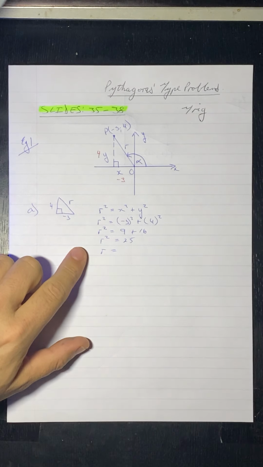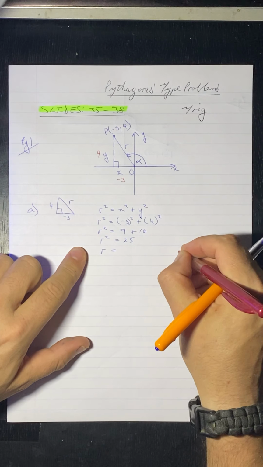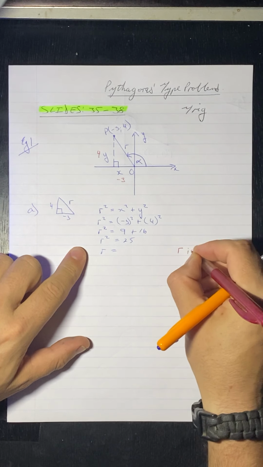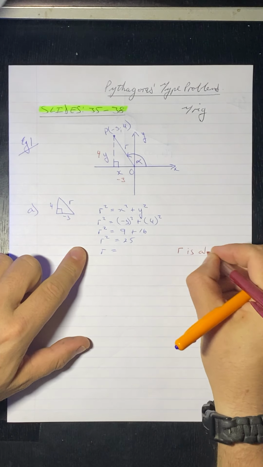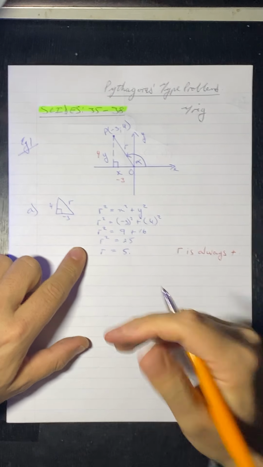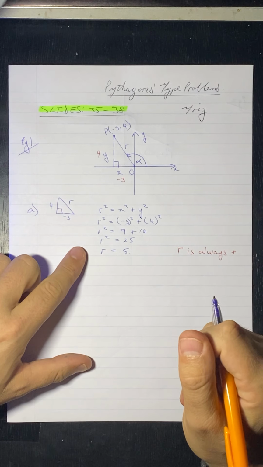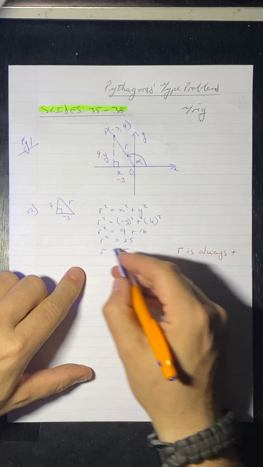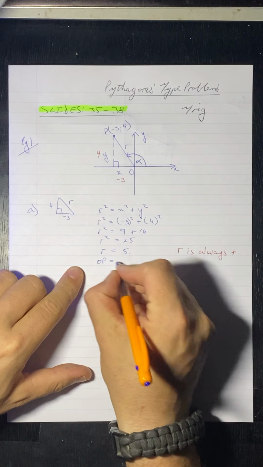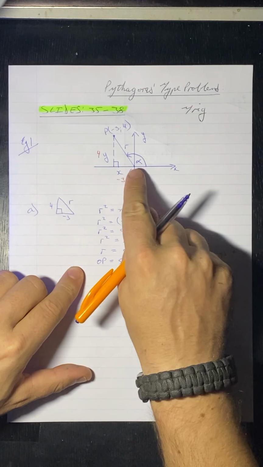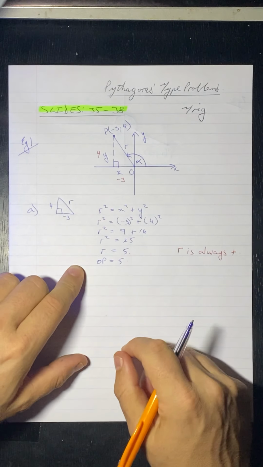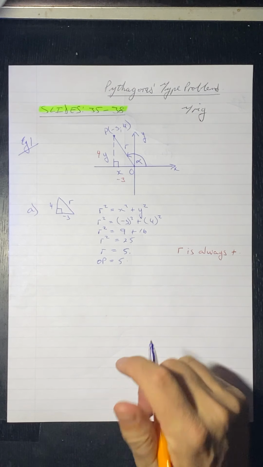But r is always positive. So just make a note of that. R is always positive. Okay, so we're only going to consider 5 and not -5. So that means that OP is equal to 5, because OP is that r. All right, that was question A.